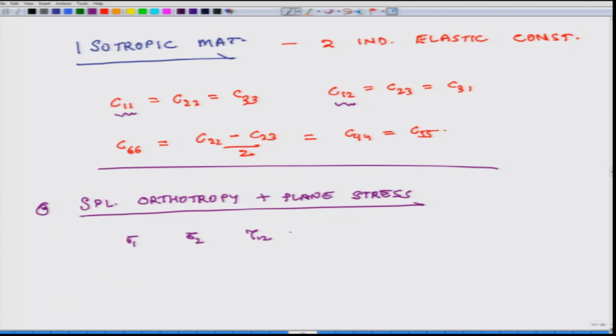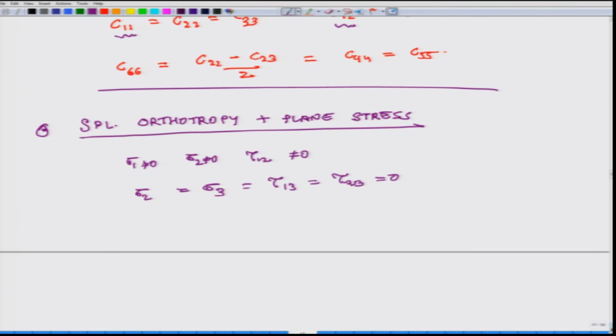So, these are non-zeros and other stresses sigma 3 3, tau 1 3, tau 2 3 are zeros. Now, if tau 1 3 is 0, then tau 1 3 is equal to what? It is equal to C 5 5 times gamma 1 3, right.